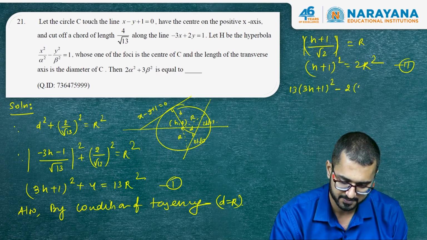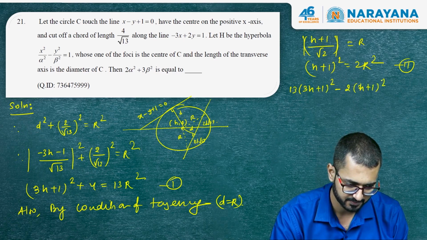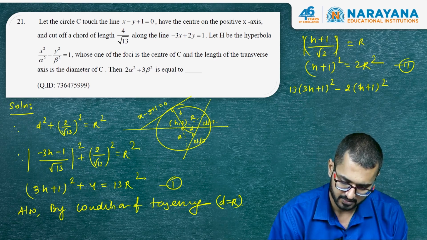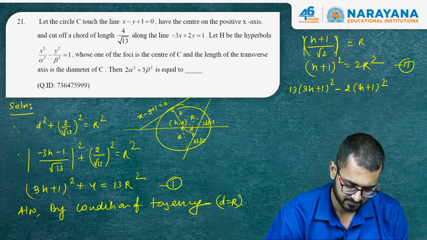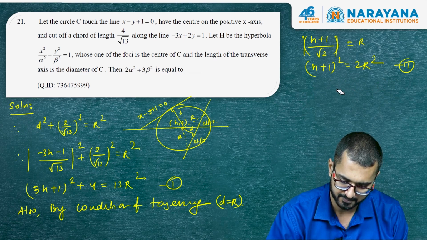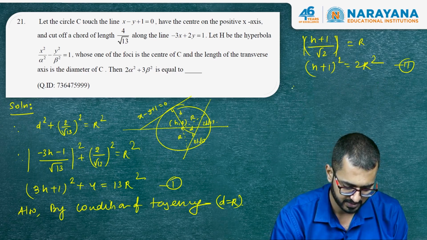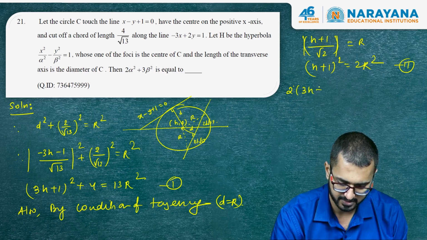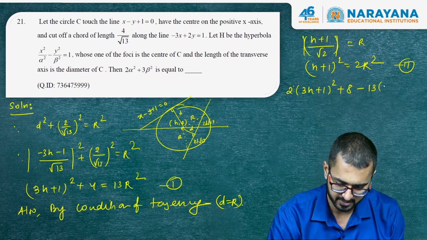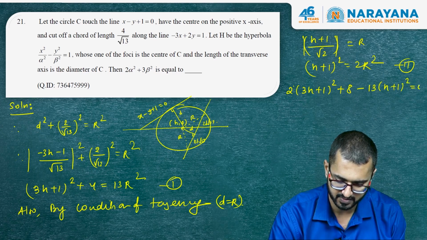So minus 2 times (h + 1)². No, reverse, sorry. This we have to multiply by 13, no? And this is 2 times. So 2 times (3h + 1)² + 8 minus 13 times (h + 1)² is equal to 0.